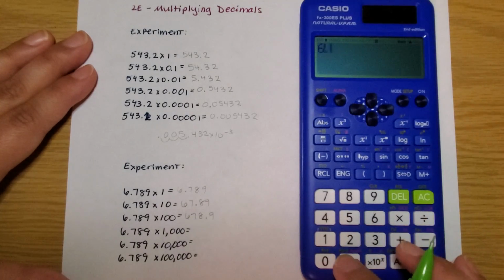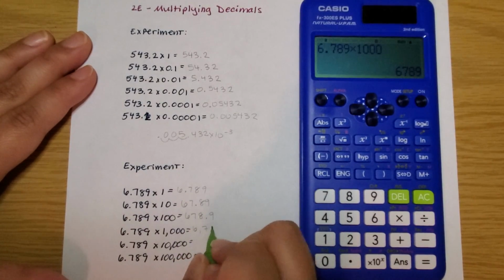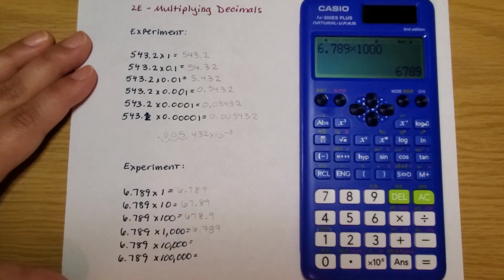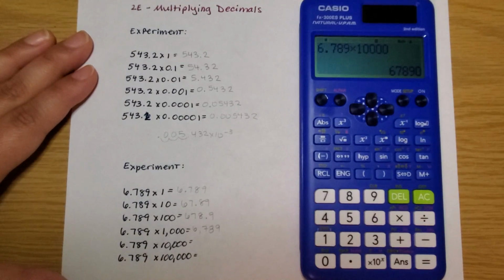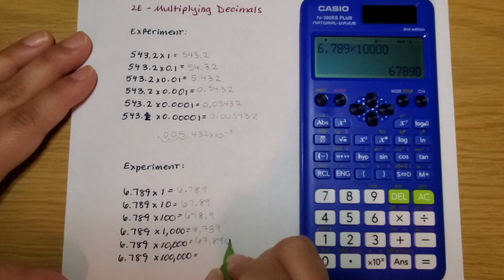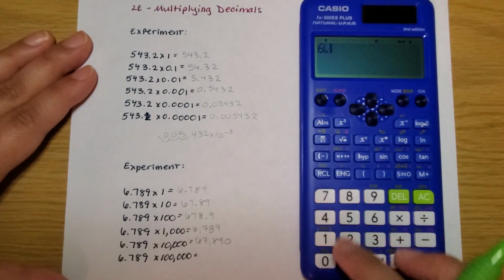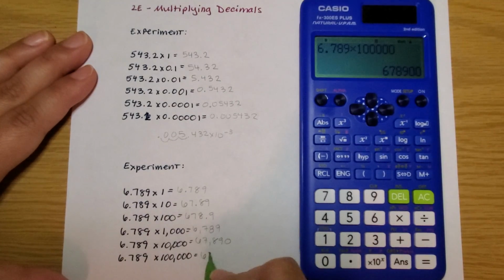So let's try. Yeah, 6,789. And we'll multiply by 10,000. 67,890. 678,900.